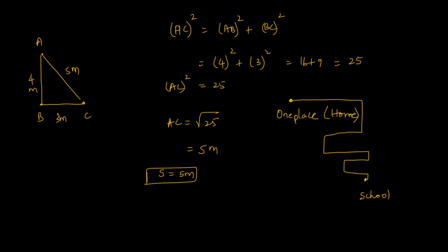You have no other option but to travel in this path. So the total distance will be covered in, if I say 10 meter, 2 meter, and this is 3 meter, 1 meter, 4 meter, 1 meter, 1 meter, 2 meter, 2 meter. You will have to add all these to get the total distance.